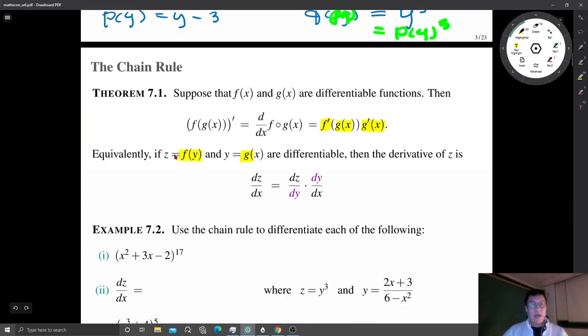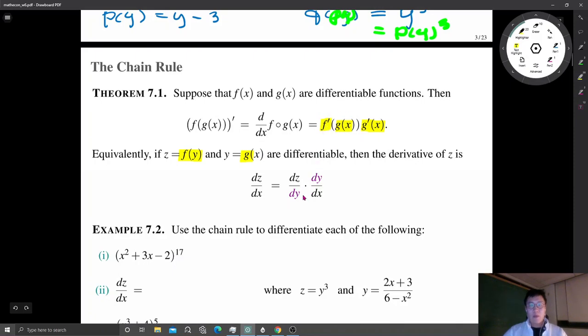So now the way to find the derivative of z, the final output, with respect to the first input x, so dz over dx. We first take the derivative of z with respect to y. That is the derivative of f, which corresponds to this part in the first expression, f prime.